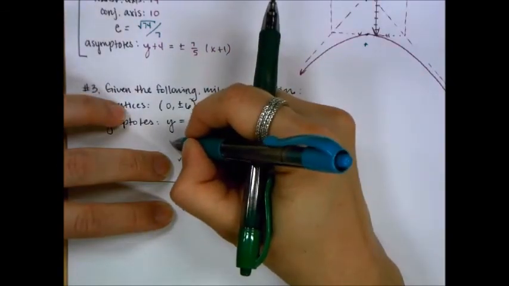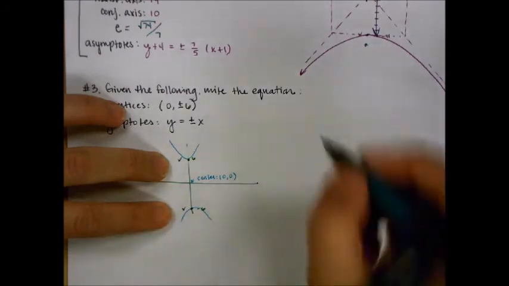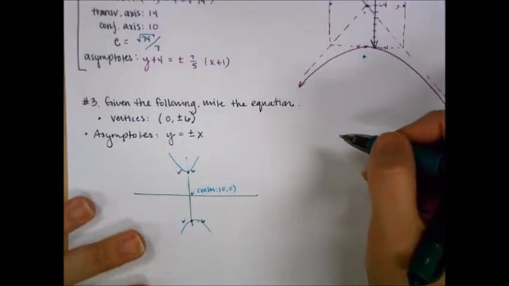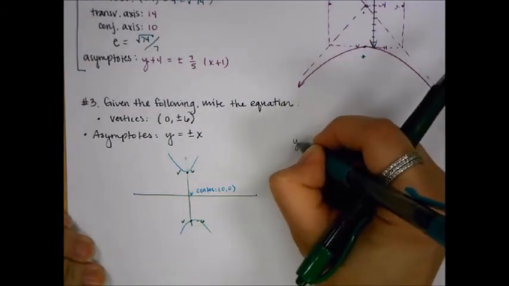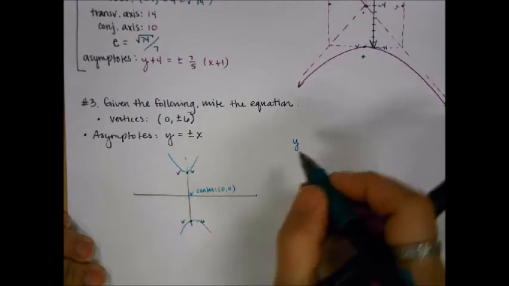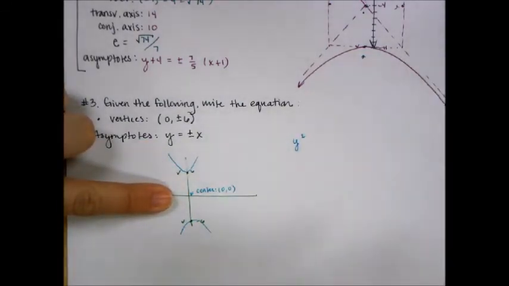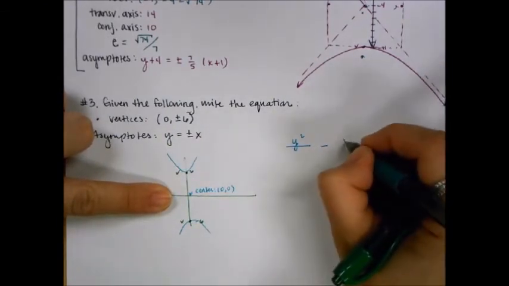So I can start by writing most of my equation with the center plugged in. So it's going to start with a positive y squared, right? And it would be y minus 0 squared over something minus x minus 0 squared over something is equal to 1.